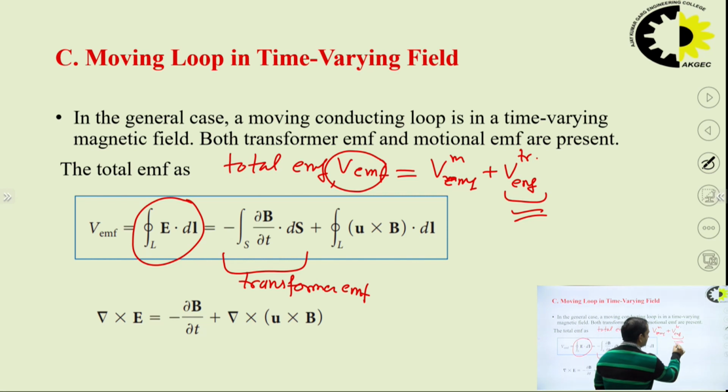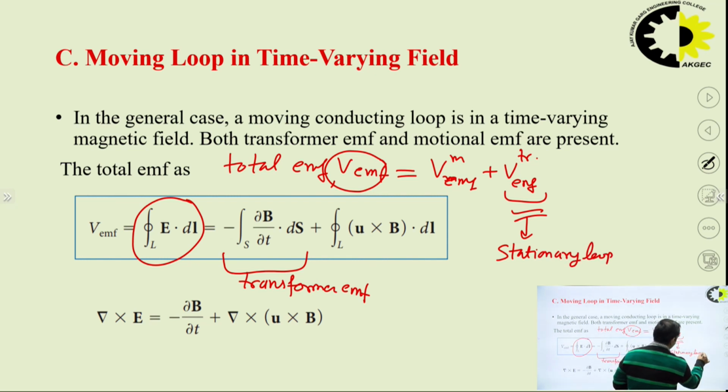So the case for this one is the stationary loop in time varying B field. Okay.